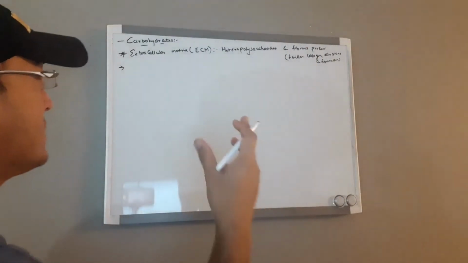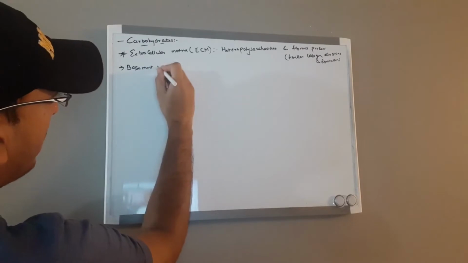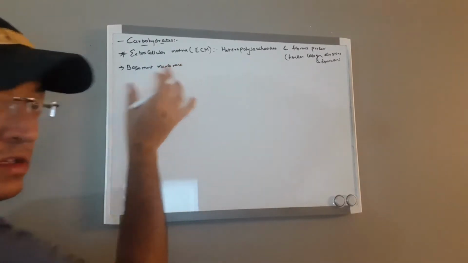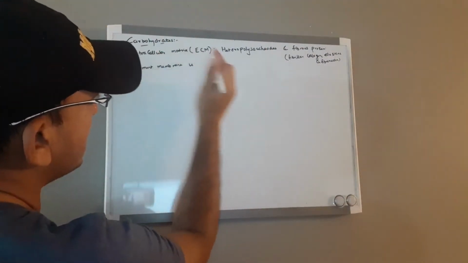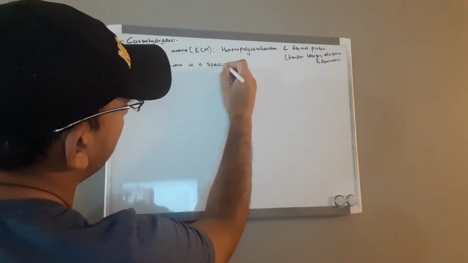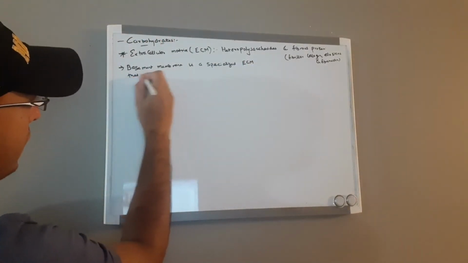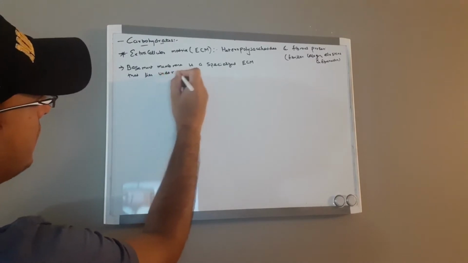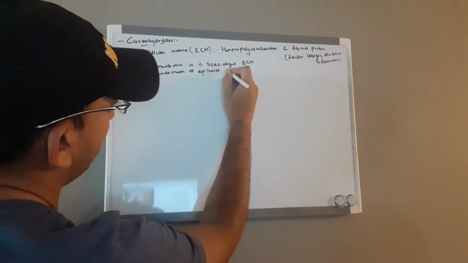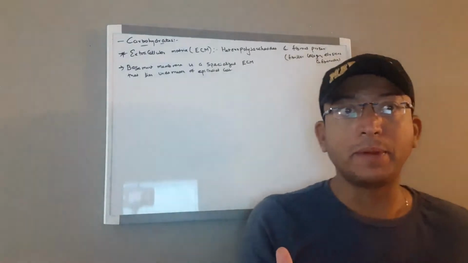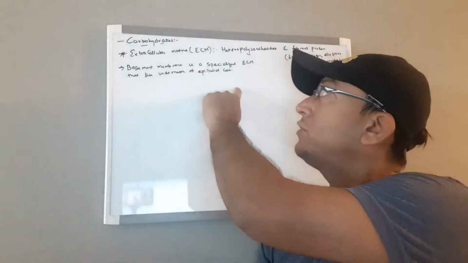When we study epithelial cells and the basement membrane, they are found together, but just remember right now that the basement membrane is a specialized ECM that lies underneath the epithelial cells, right?